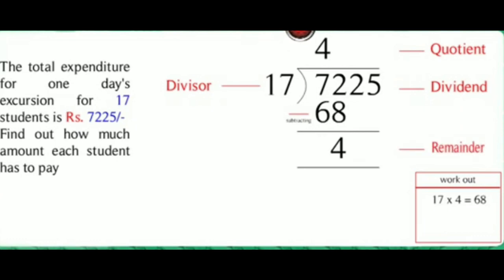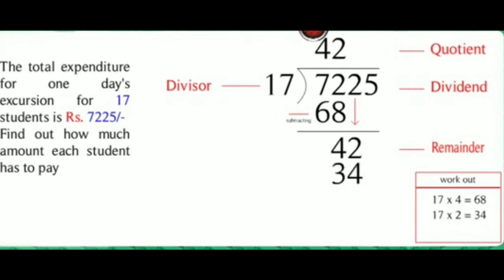Now we bring down the next number, that is 2, beside 4, and now the number has become 42. Now see how many times 17 can go in 42. It will go 2 times. 17 twos are 34. Now 42 minus 34 is equal to 8. Now bring down 5 and it will become 85.